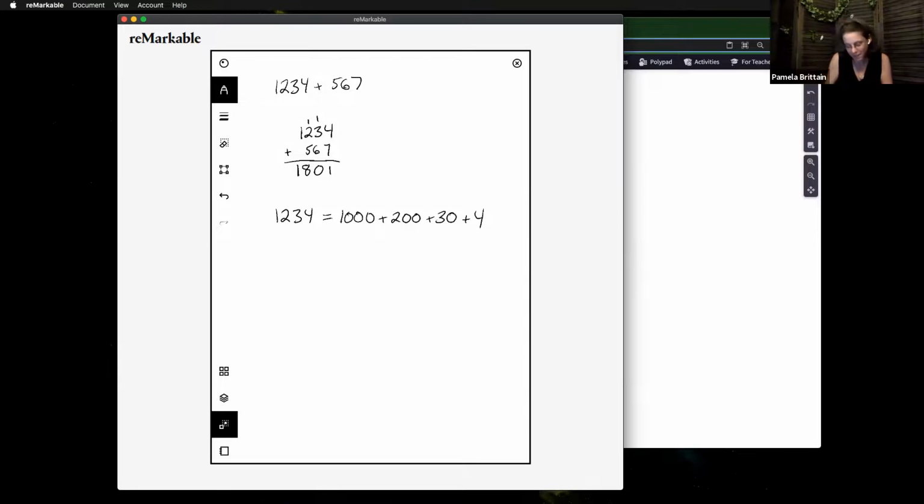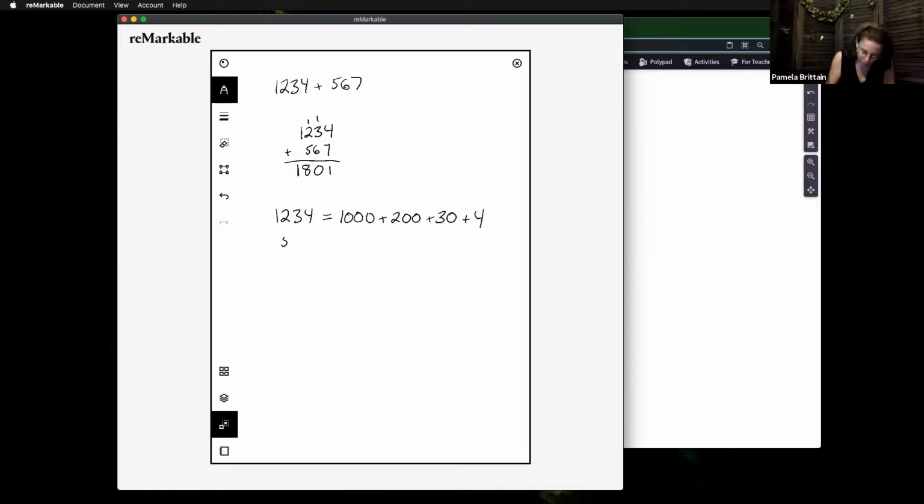Now, you may have seen this written as 1 times 1,000 plus 2 times 100 plus 3 times 10 plus 4 times 1, which is a perfectly valid way of representing. But because we're starting just with addition, I'm not going to add in the multiplication model for it just yet. But what this does tell us is we have 1,000, 2 hundreds, 3 tens, and 4 ones.